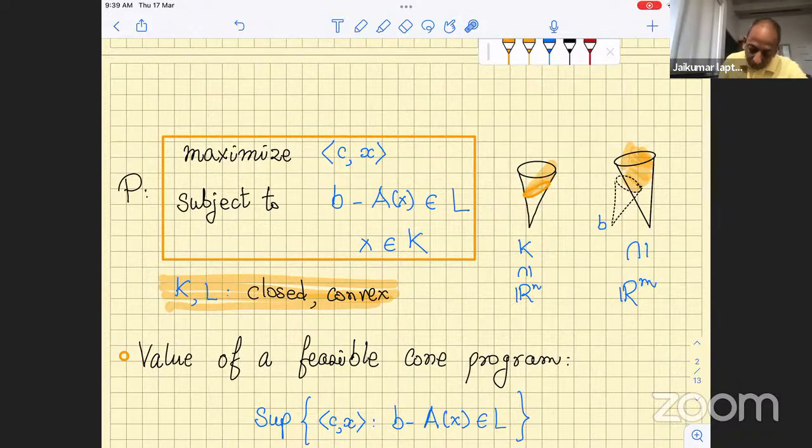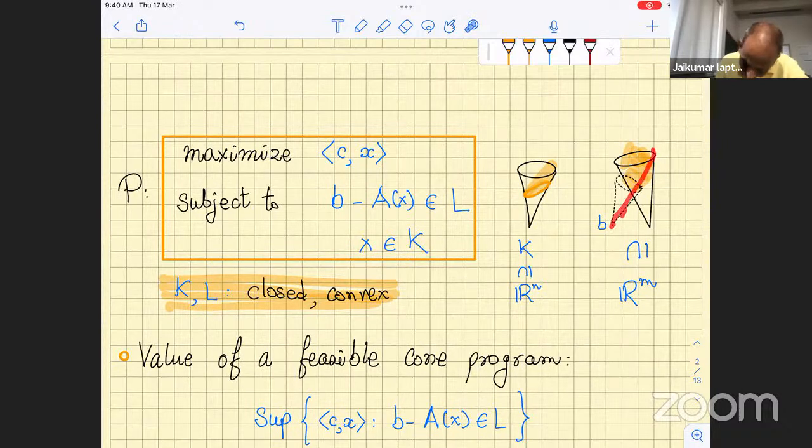So when we say cone programs, we mean programs like this, where you have an objective function which is linear, and there are two closed convex cones. They need not be polyhedral cones. They are arbitrary closed convex cones. The X has to come from one of the cones, and the other cone acts as a filter to remove those X's which don't behave themselves.